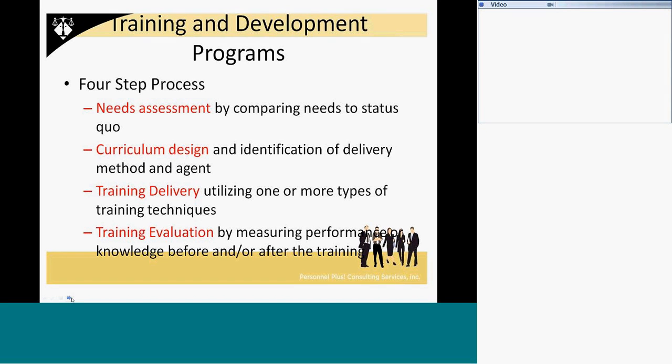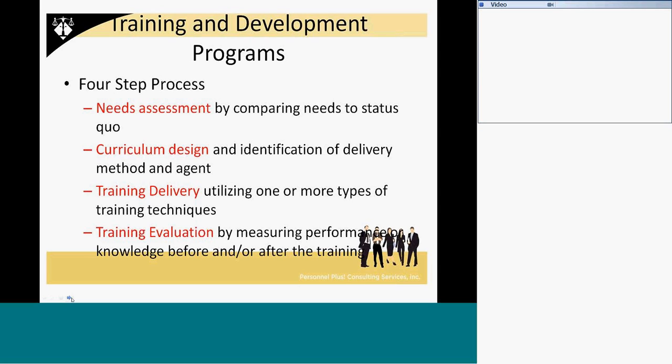In the training and development area, there's typically a four-step process. We talked about doing a training needs assessment that basically compares need to where you currently are, the status quo. Once you've determined where you are versus where you want to be, you conduct what amounts to a gap analysis.